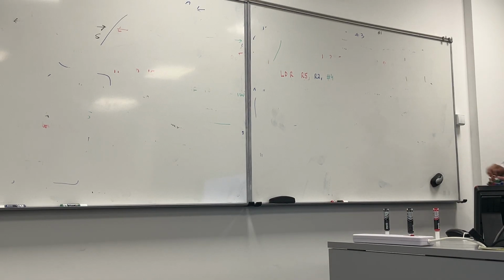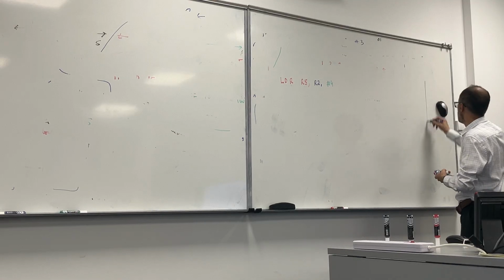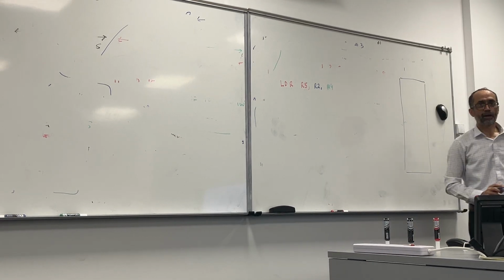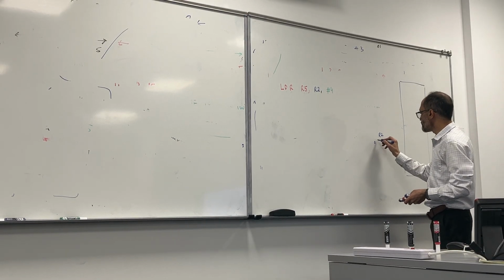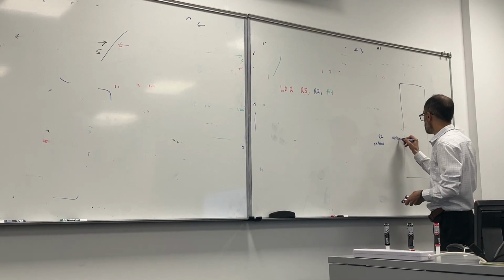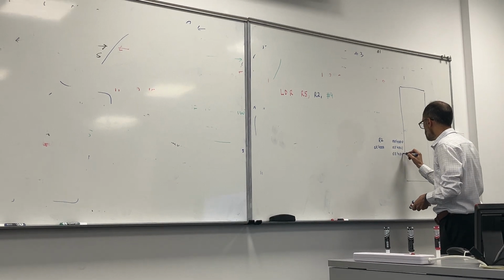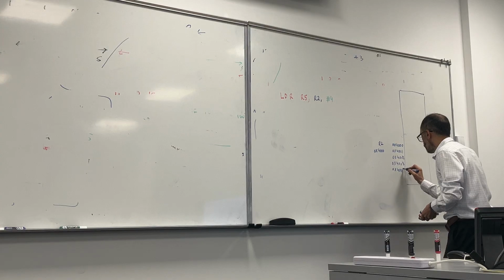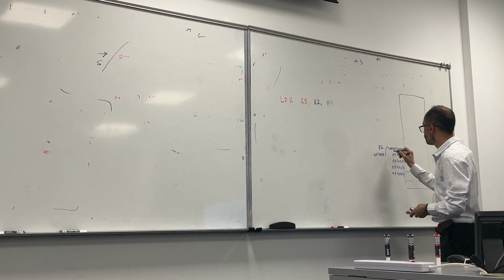Assume that we have some R2. This is my memory. And let's assume this is R2. The R2 value is 0x4000. So this will be some address 0x4000, 0x4001, 0x4002, 0x4003, 0x4004. Okay, R2 is pointing to this location.